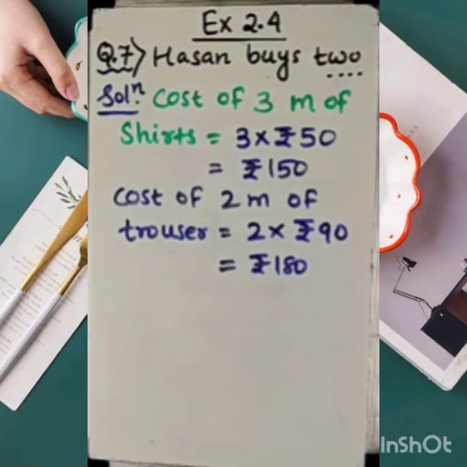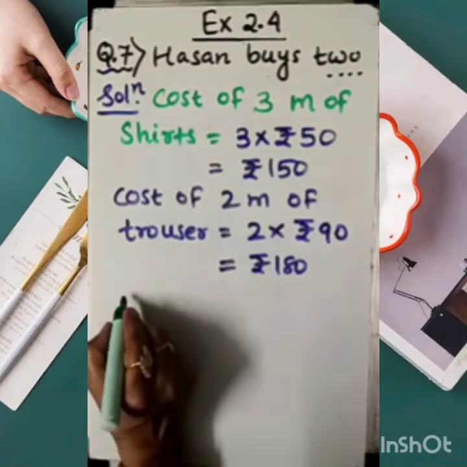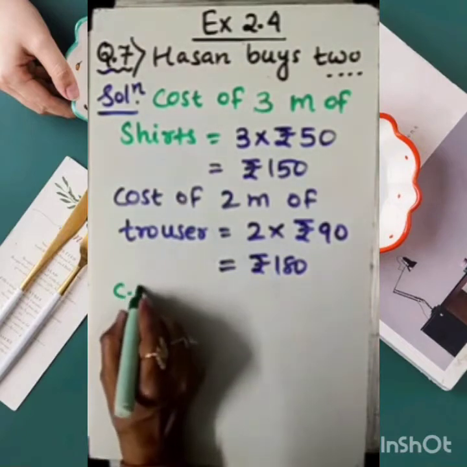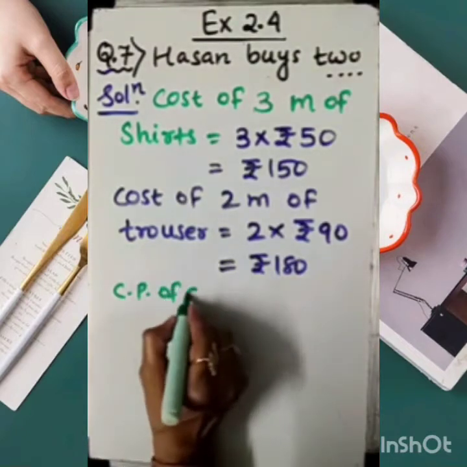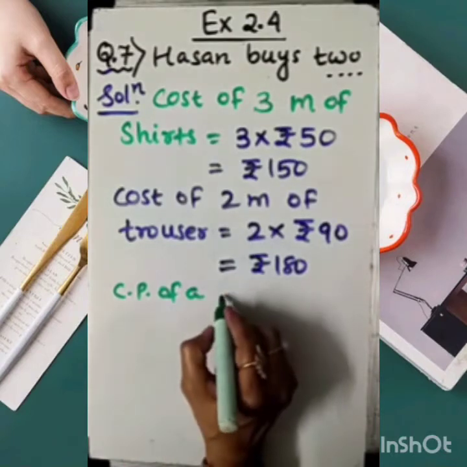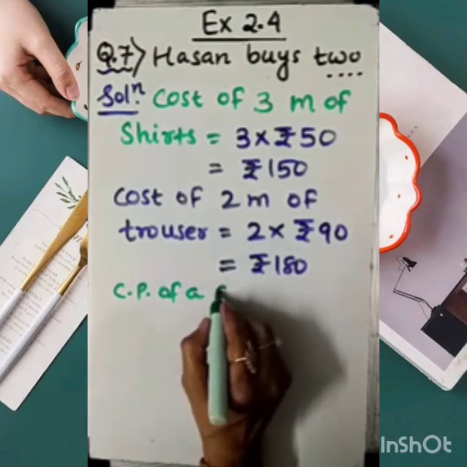Okay, but dear student, how much total material is needed to make a shirt and a trouser? We do not know. So we need to find the cost price of a shirt.